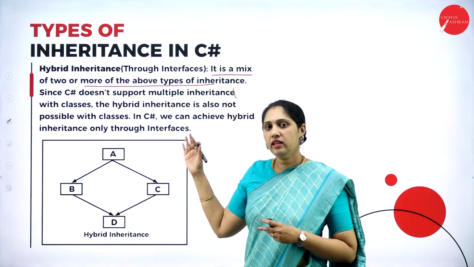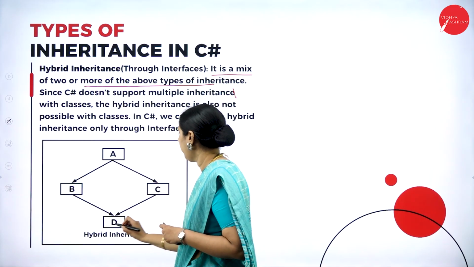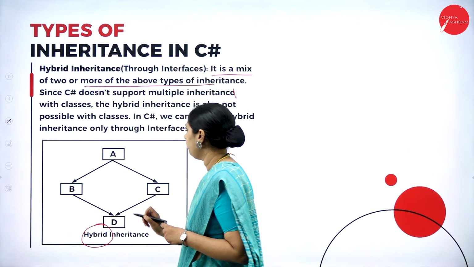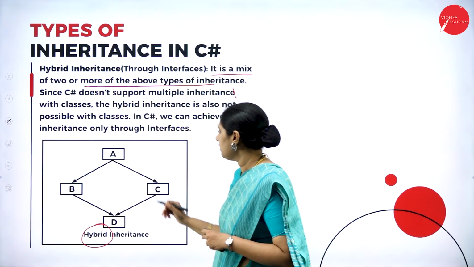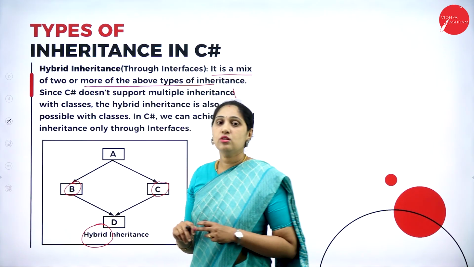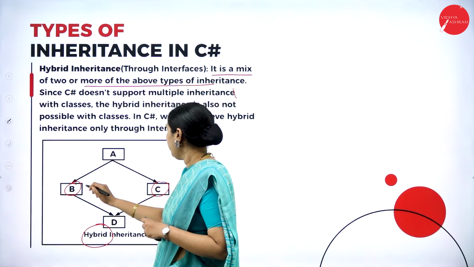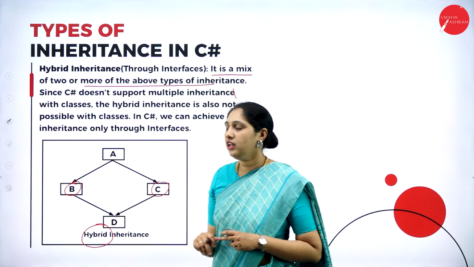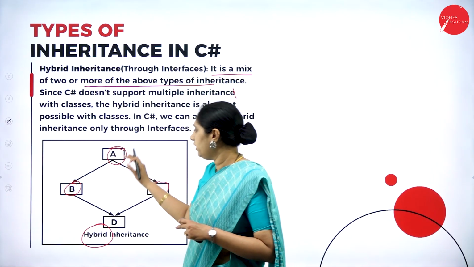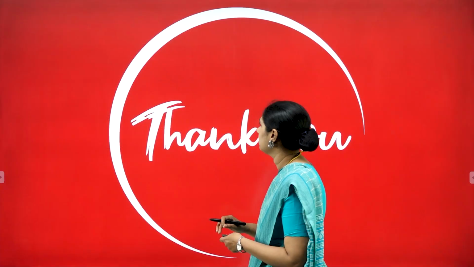If you mix, then we call it hybrid inheritance. See, this is an example of hybrid inheritance. If D is a derived class, it is coming from B and C, meaning B and C are superclasses for D. If I take B, again B and C have a superclass of A. So it is a combination that is called hybrid inheritance.